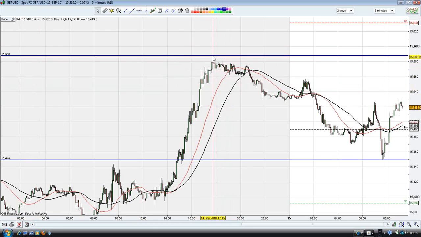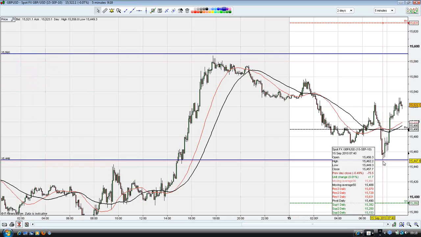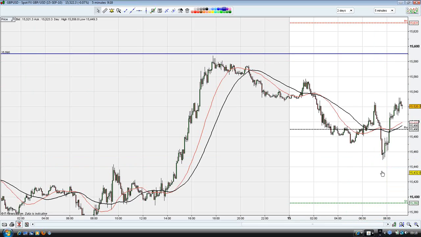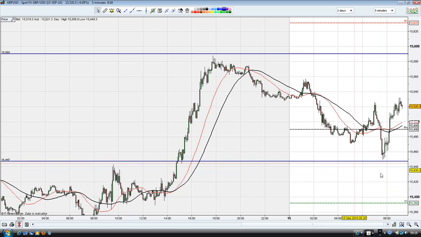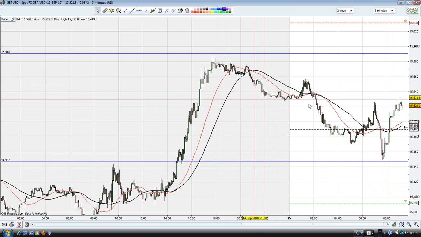So we'll be buying 2 points above that level at 15,590. And we'll be selling 2 points below the low there at 15,447. So those will be our two pending orders for now on the pound dollar.